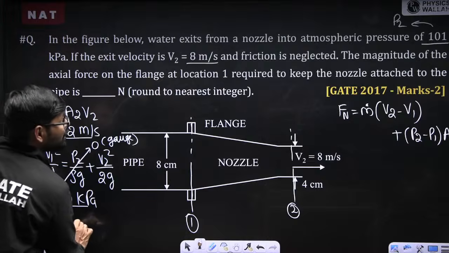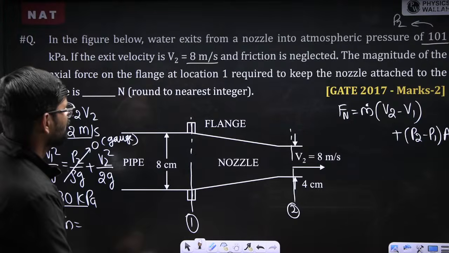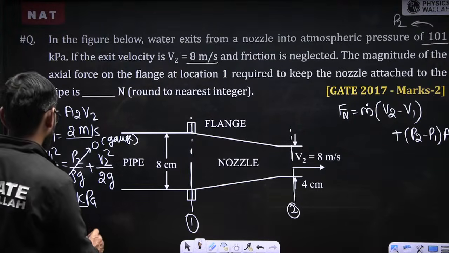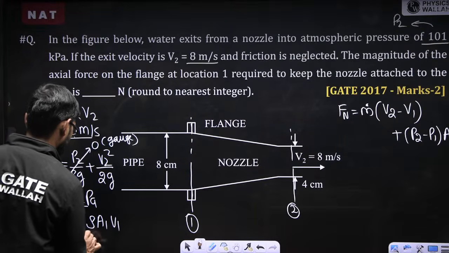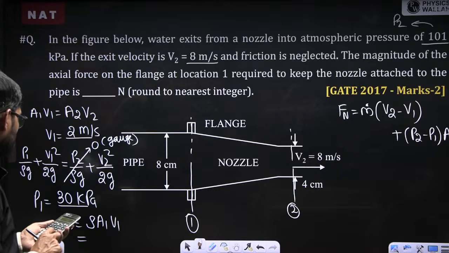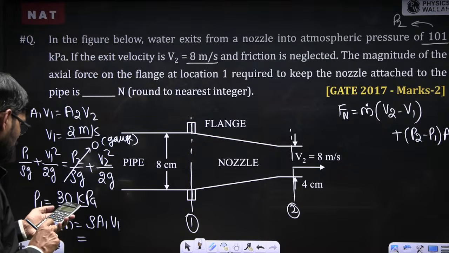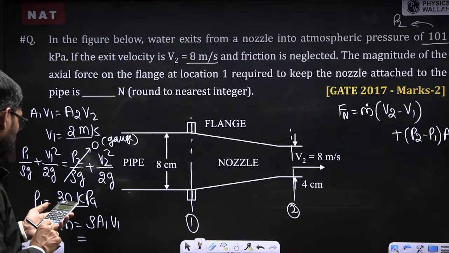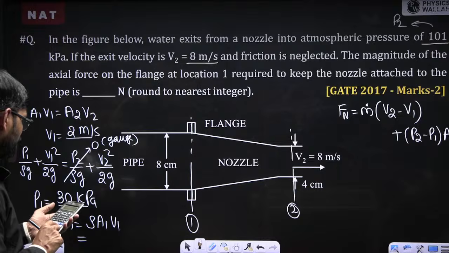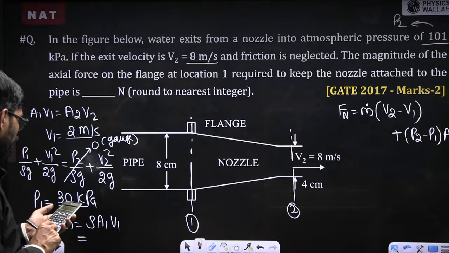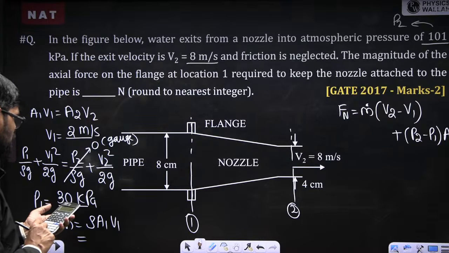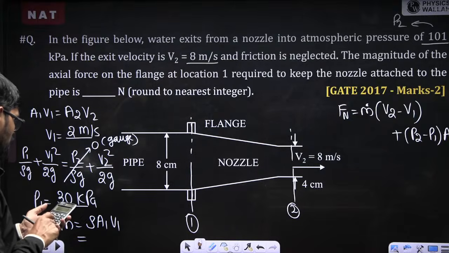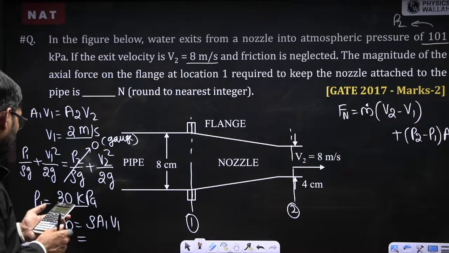M dot value is rho A V. Rho value is known. So rho A1 V1. Rho value is 1000. A1 value is pi by 4 into d square, pi by 4 d square, 0.08 squared.